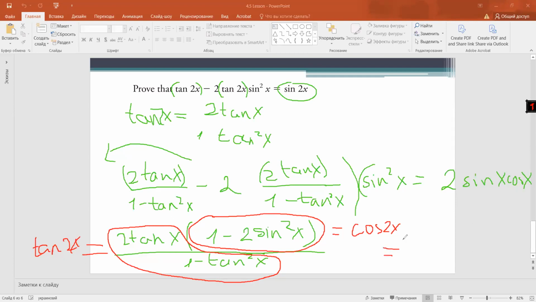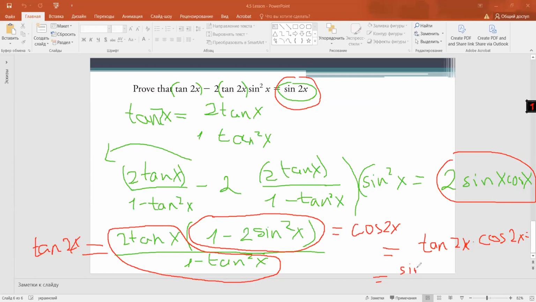Well, the next step would be to show that it basically equals tangent 2x times cosine 2x, which equals the initial formula, sine 2x, or in other words, 2 sine x times cosine x. But tangent 2x equals sine of 2x over cosine 2x, isn't it?